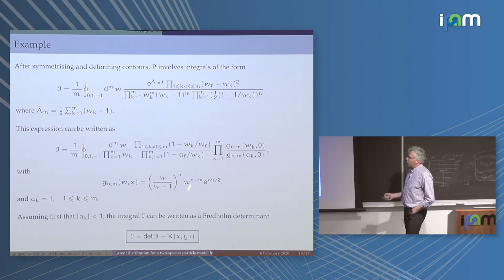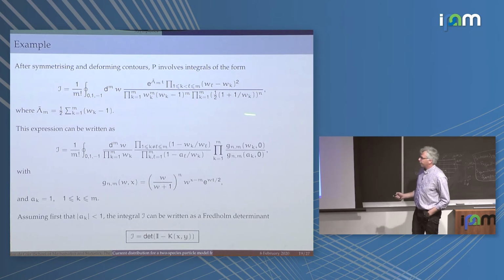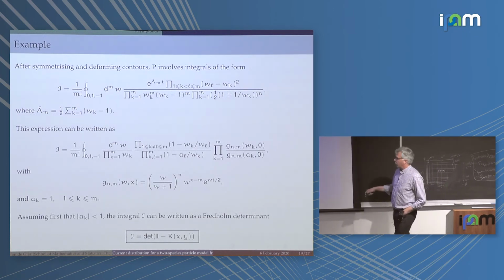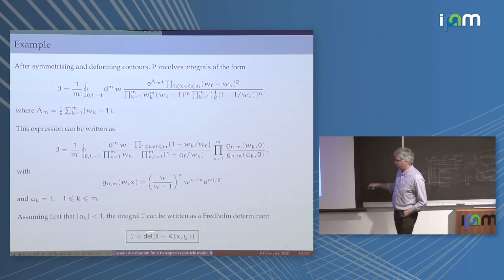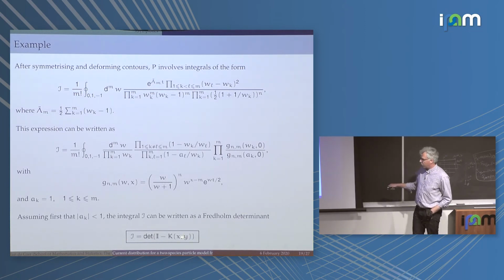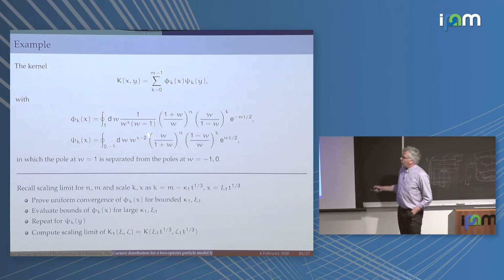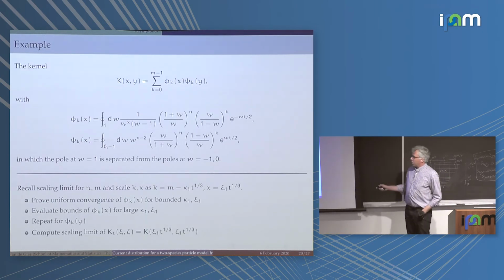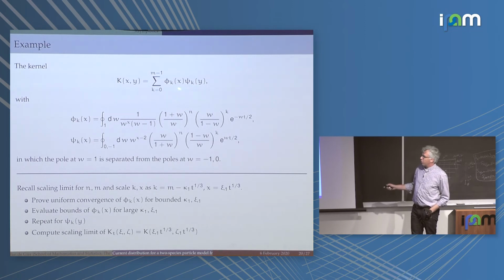So if you have, like, this is the usual RCEP type integral. In view of the time, I'm just going to skip this. You end up with a Fredholm determinant with a certain kernel K. And that K can be written as a sum over simple functions phi and psi that are given by these formulas.